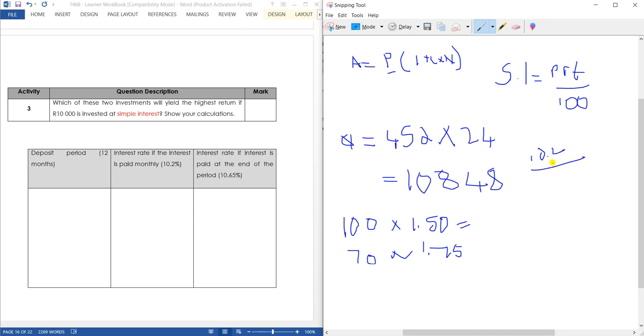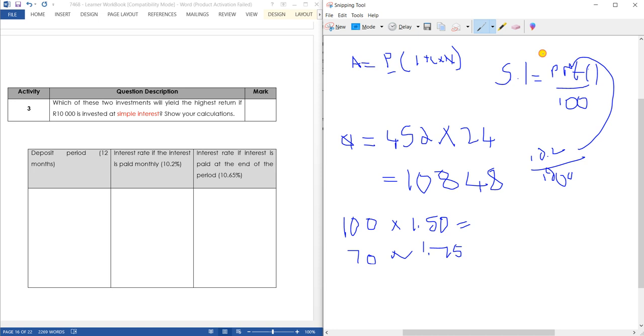you'll take 10.2 divided by 100, and substitute this number here. Then in terms of time, we've got 12 months, and you'll substitute it inside here.